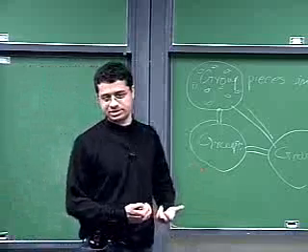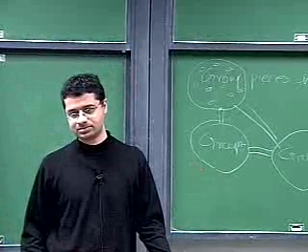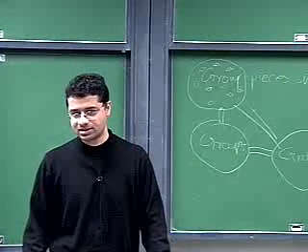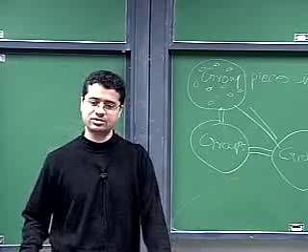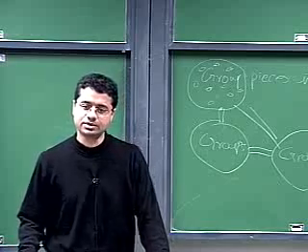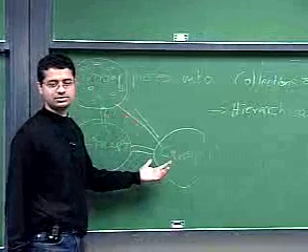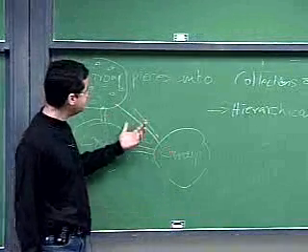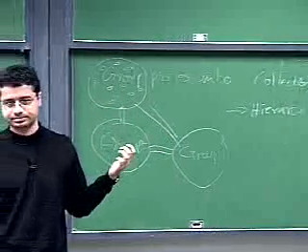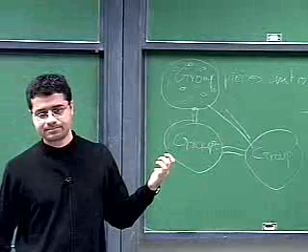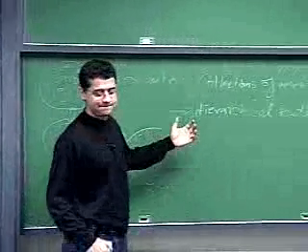Like Columbia is an autonomous system. AT&T network is an autonomous system. Rice University is an autonomous system. Your local ISP is an autonomous system. So there is a routing mechanism between autonomous systems, and then there's a routing scheme within an autonomous system. So the way things work on the internet is doing things hierarchically.